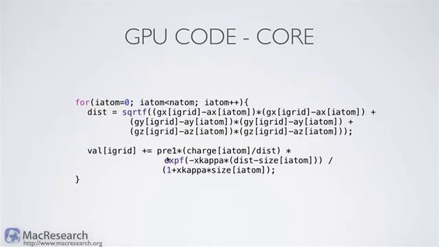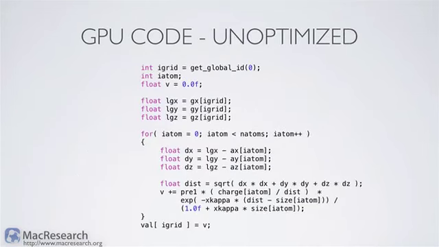And so this is what the code in our kernel effectively becomes. Let's look at the kernel code. In this case, our unoptimized kernel code would be something like this. We've got a grid value based on our global ID. We pull in the grid coordinates, because remember we're calculating a distance, based on our grid ID.